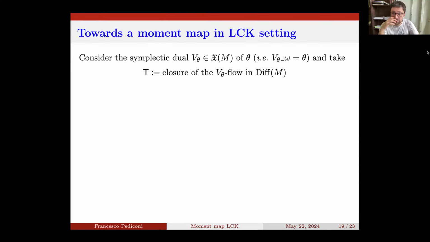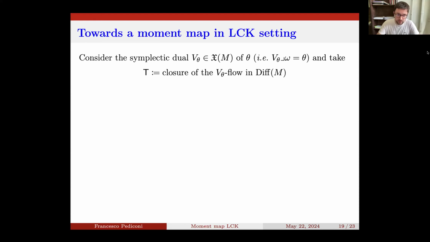Here, note that even though omega is not symplectic, in order to get the symplectic dual, you just need omega to be non-degenerate. So it is a well-defined vector field. So you can look at the flow of this vector field, that is a one-parameter family of diffeomorphisms on the manifold, and you can actually consider the closure of this flow inside the diffeomorphism group with respect to the standard compact-open topology.